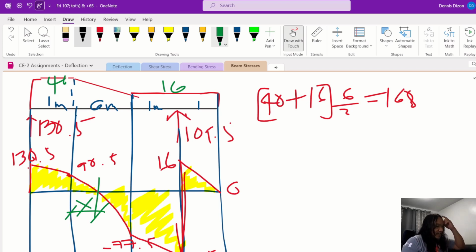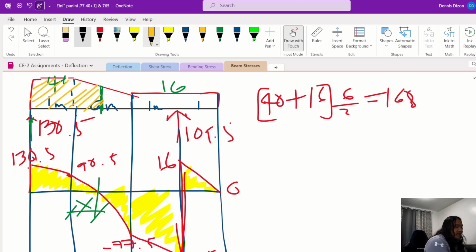But since this is a combination of a rectangle and a triangle, like a trapezoidal load, we will solve for the value of x so that the total load within this boundary, distance x from this line, is equal to the reaction, which is 130.5.